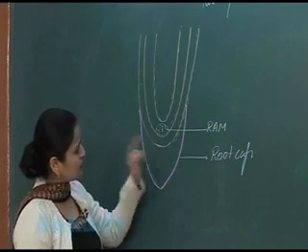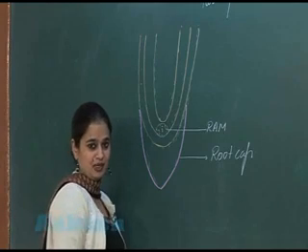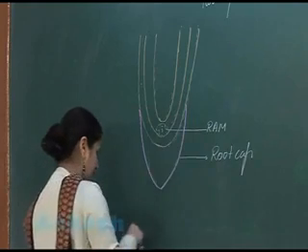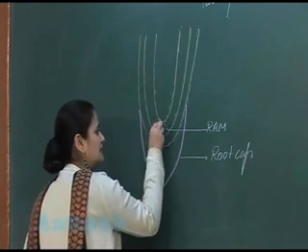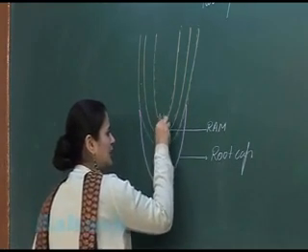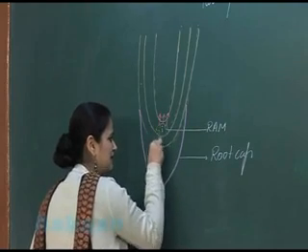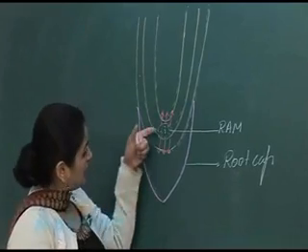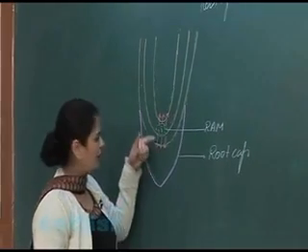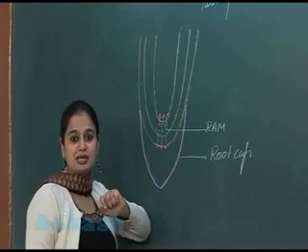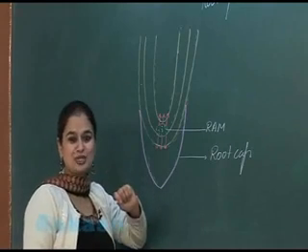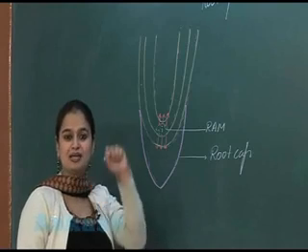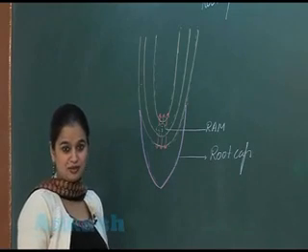Now, the cells of the root apical meristem have meristematic activity. When they show the meristematic activity, they will add cells towards the lower side as well as towards the upper side. एपेक्स की तरफ भी सेल ऐड होगा और बेसल साइड की तरफ भी सेल ऐड होगा, in contrast to the shoot apical meristem, जहां पर सेल सिर्फ कहां पर ऐड हुआ था? बेसल रीजन की तरफ.